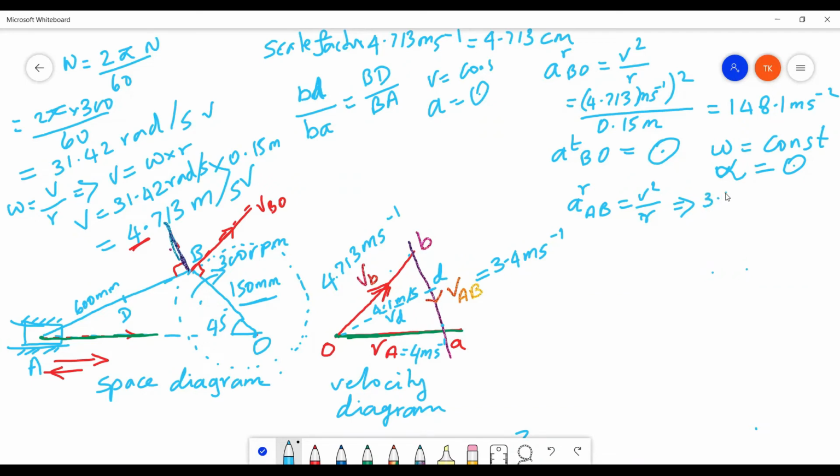So 3.4 meter per second whole squared divided by R. R is the length of this, that is 0.6 meter. When you solve this, you will have 19.3 meter per second squared.